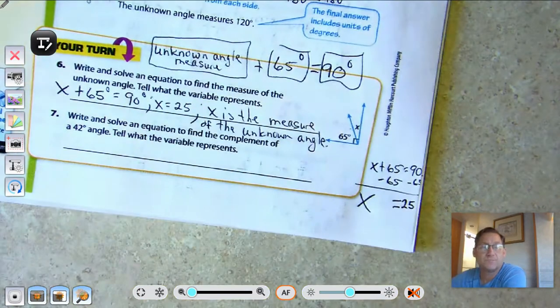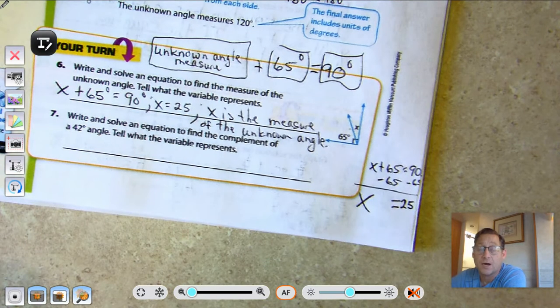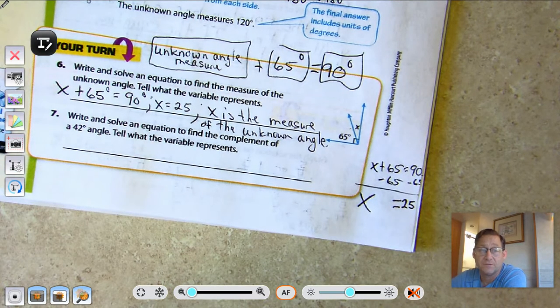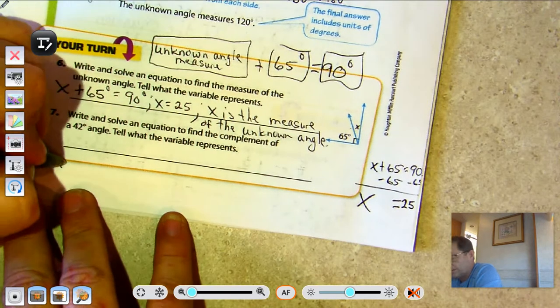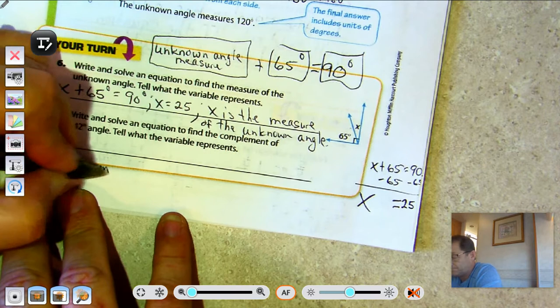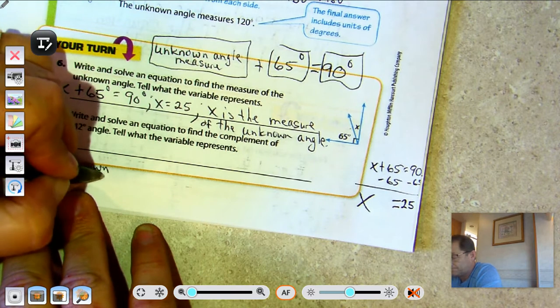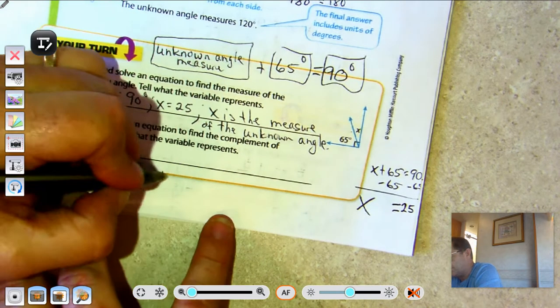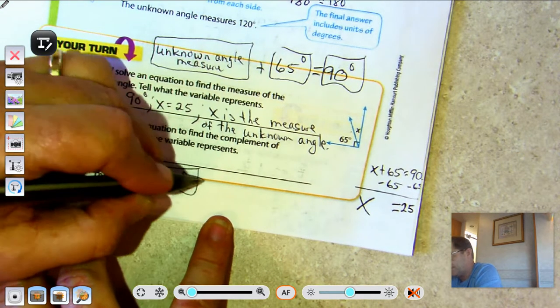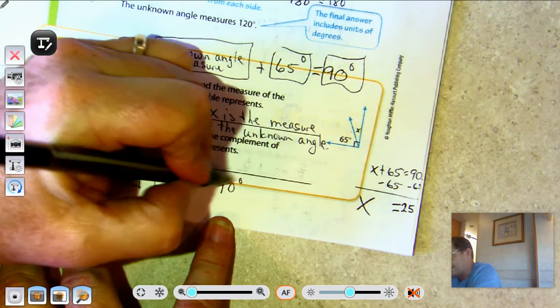All right, number 7. Write and solve an equation to find the complement of a 42-degree angle. Tell what the variable represents. So same idea. We're going to have an unknown angle measure plus 42 degrees. And that has to equal 90. How do I know it's 90?